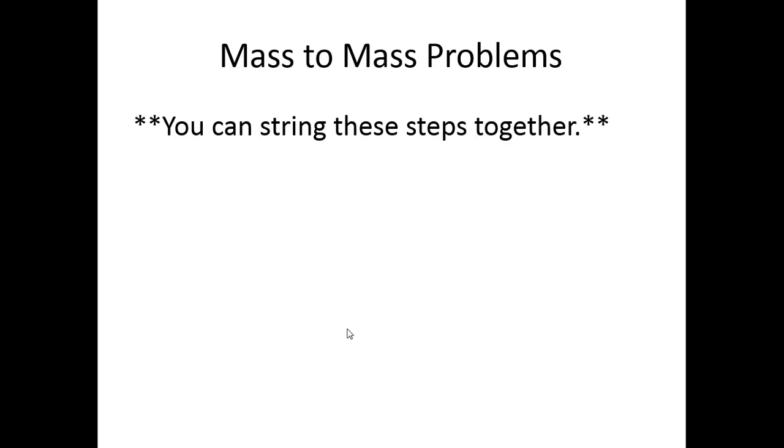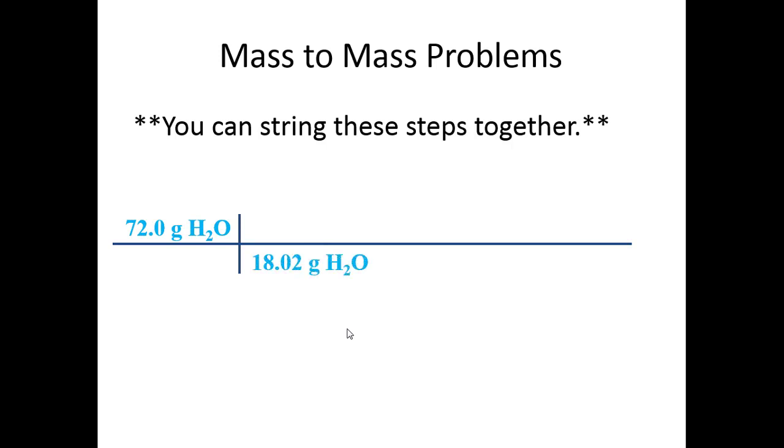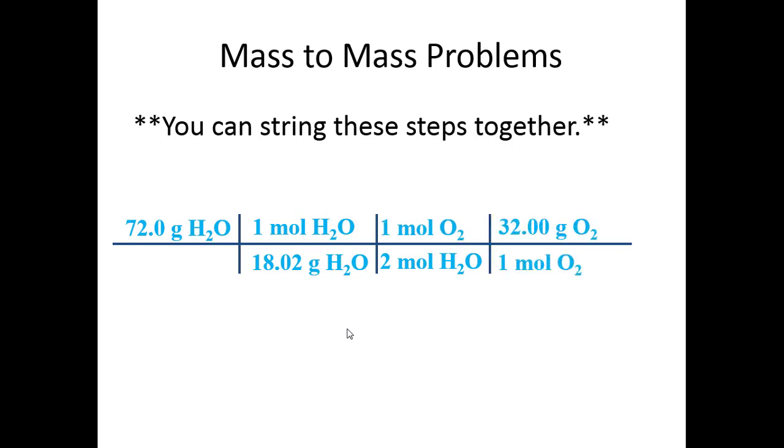So take the last 3 steps and put them all together. We did 72 divided by 18.02 divided by 2 times 32. And if you're doing all of your steps together, you need to multiply by everything that's on the top and divide by everything that's on the bottom.